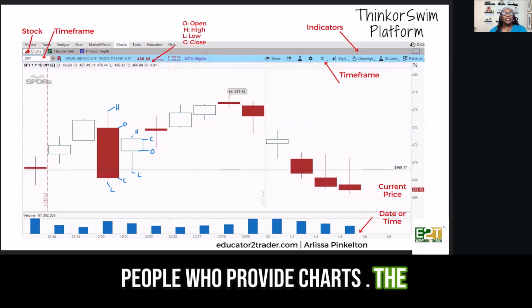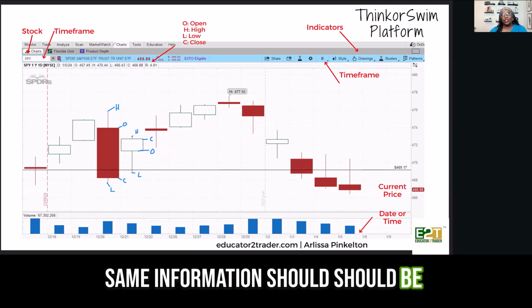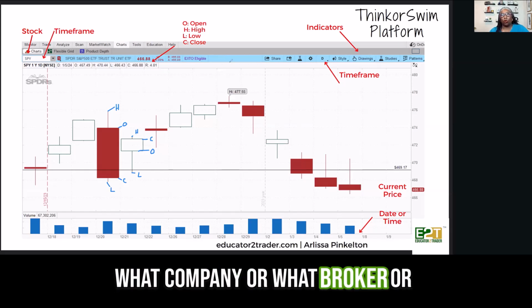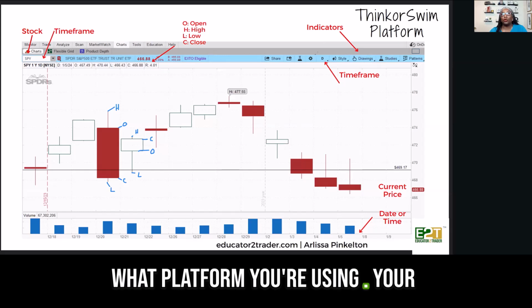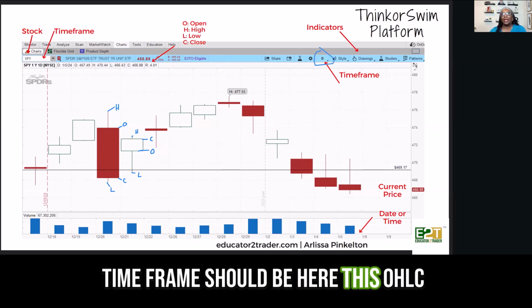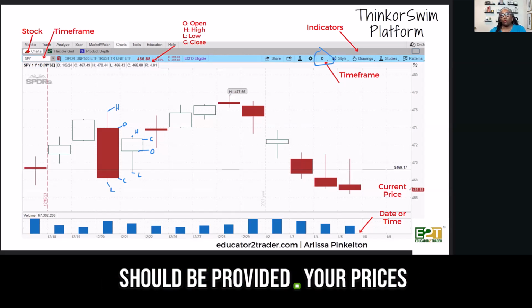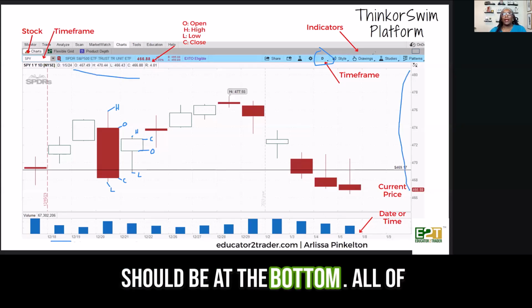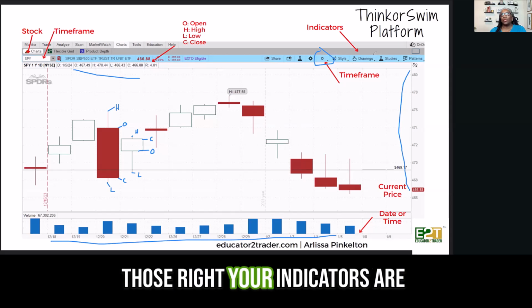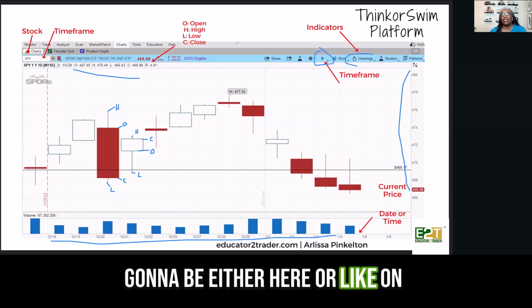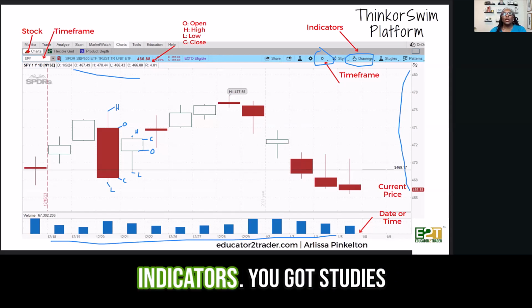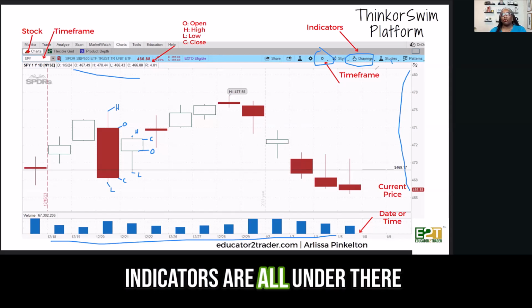Time frames, the charts, even though you may have different charts from different providers, the same information should be present no matter what company or what broker or what platform you're using. Your time frame should be here. This OHLC should be provided. Your prices should be on one side. The dates should be at the bottom. Your indicators are going to be either here or, like on TradingView, there's a thing called indicators. You've got studies, indicators all under there.